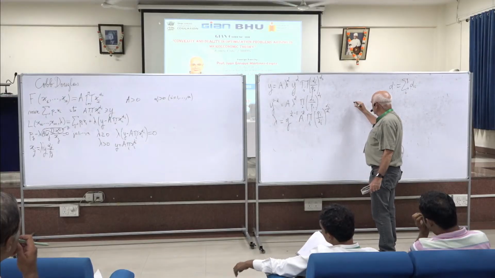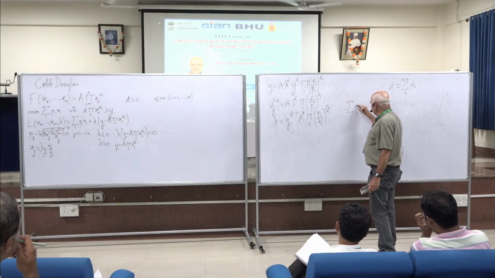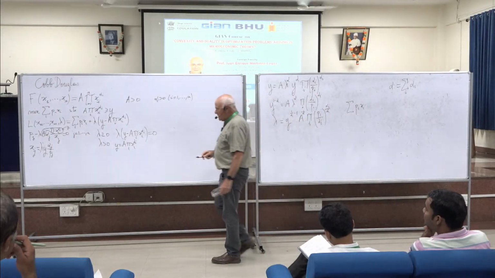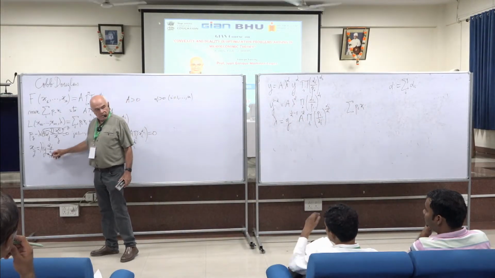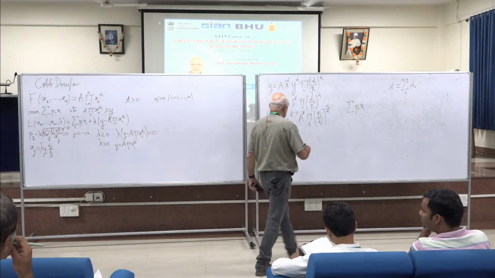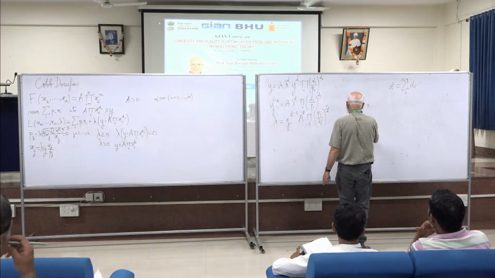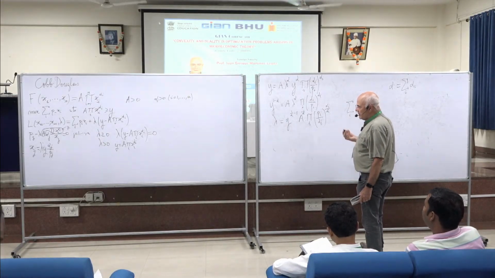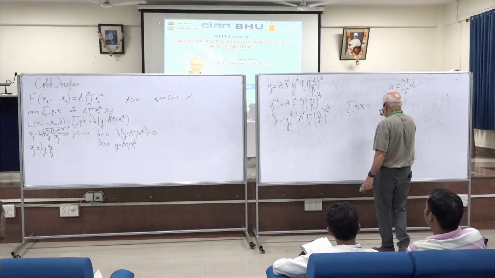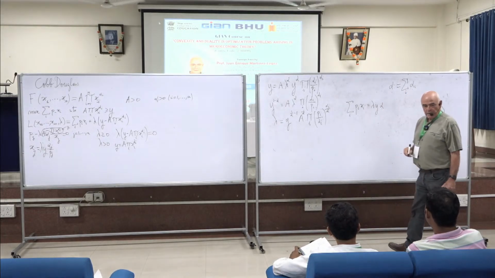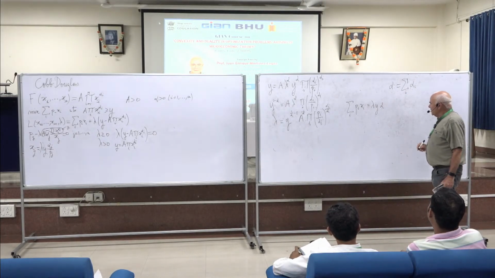So sum of pi xi. I mean, what you are suggesting, if I understood correctly, is to move this, and then I get the sum and alpha lambda y to the power alpha. Sum of alpha i, which is alpha.